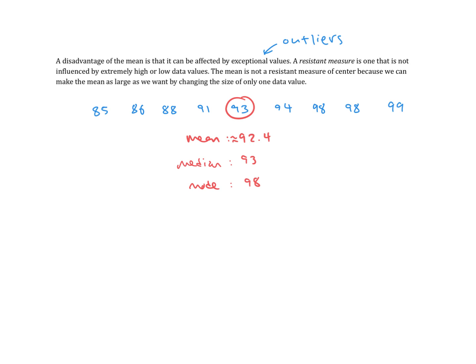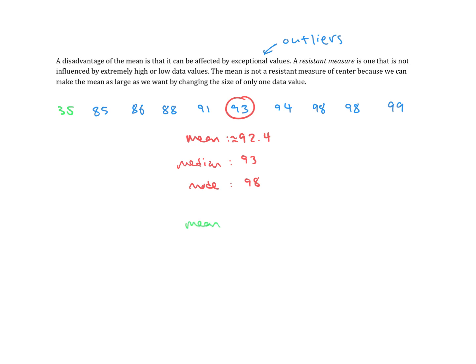Now let's say one student was absent and his grade, or hers, was not calculated in the original data set. So that student was chronically absent and got a 35 on the test. Now, if I recalculate the measures of central tendency with that outlier included, and that's an outlier because it's way below all the other numbers in the data set.